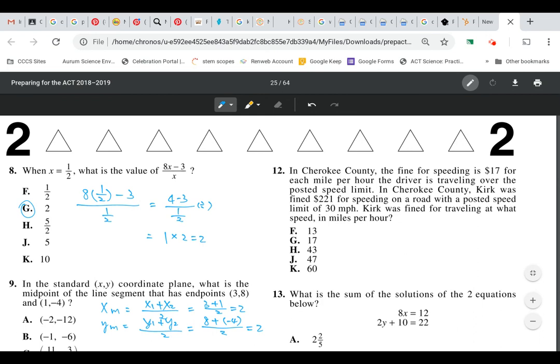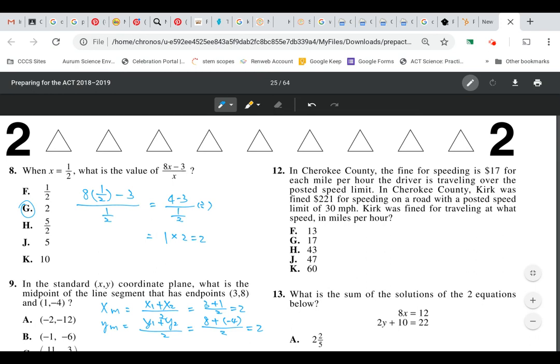Number 12, in Cherokee County, the fine for speeding is $17 for each mile per hour. So after I read that, I'll be thinking, okay, $17 per mile. I probably have to multiply $17 with each mile.